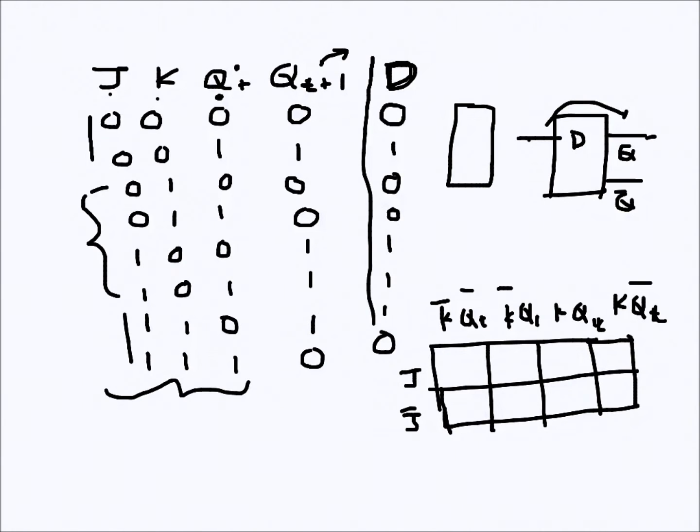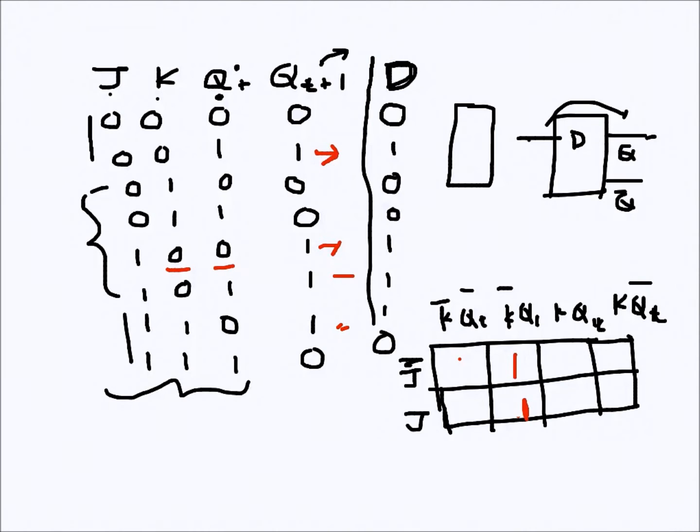Looking here, sorry, actually there is a mistake. This one should be J bar and this one should be J. So the first one, J bar K bar QT, is this one, and then the second one, J K bar QT, is this one. Third one is J K bar QT bar.